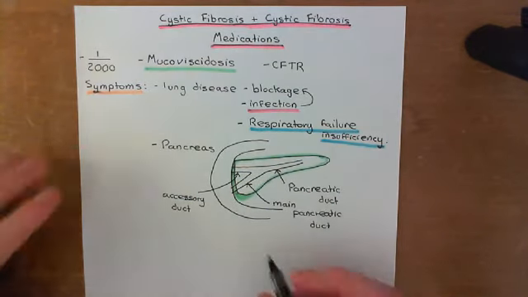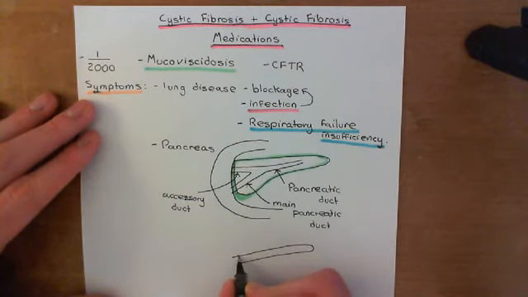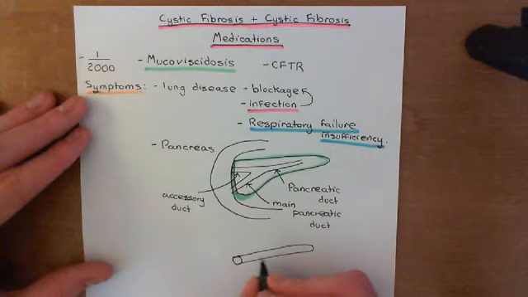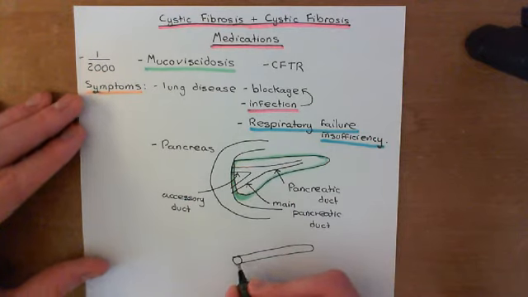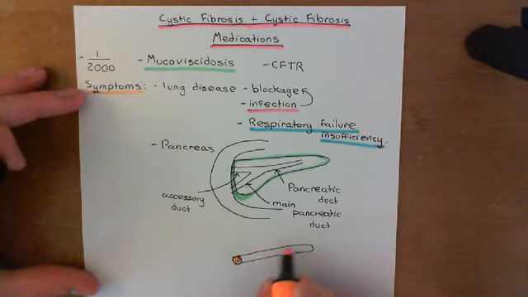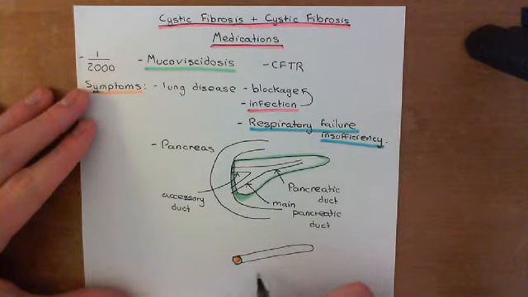If I draw a picture, if we have some duct here, and we've got a great big block here, then all of the enzymes that are being secreted by the portions of the pancreas that drain into the portion of this duct upstream of the blockage are all going to remain in the duct here, and that means you're going to get large collections of fluid in the pancreas.